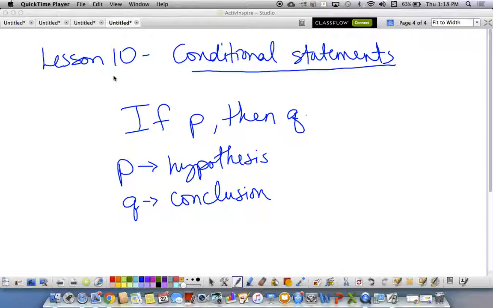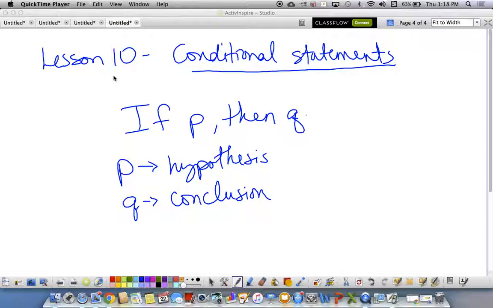Do you see these conditional statements anywhere else? Maybe not in school? Politics. If I do this, then this will happen. Punishments. Let's not think of punishments, but it definitely is that.